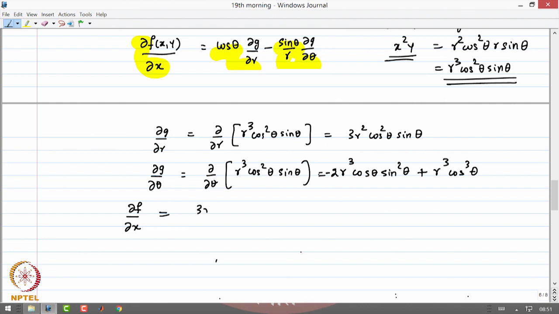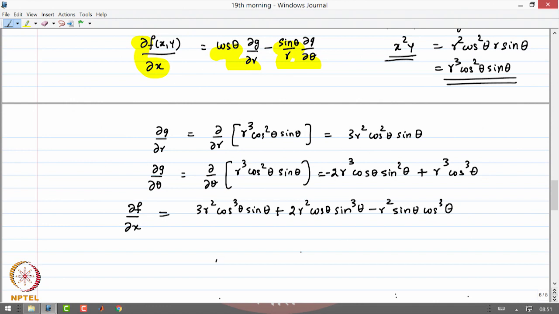So, you get 3r² cos³θ sin θ, and then you have a minus, and sin θ by r, therefore that is plus 2r² cos θ sin³θ, and with a minus sign r² sin θ cos³θ.